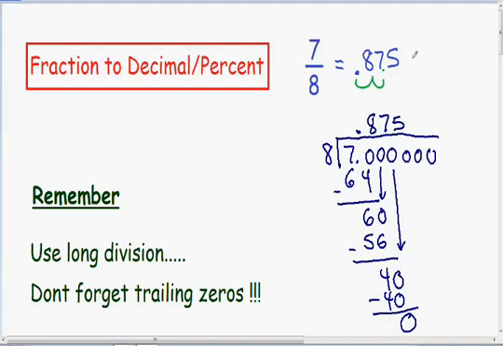So after we move the point over 2 units, the 0.875 becomes 87.5, and now we have changed it to a percent. So the fraction 7/8 as a decimal is 0.875 or 87.5%.